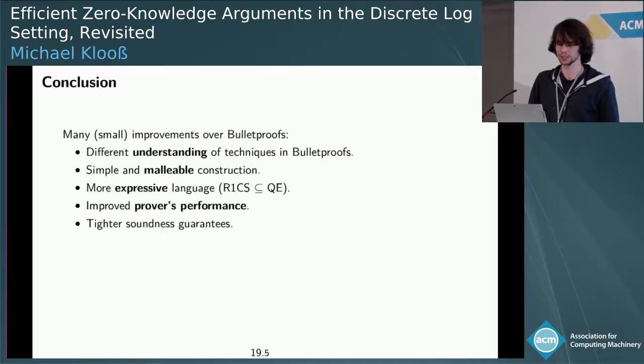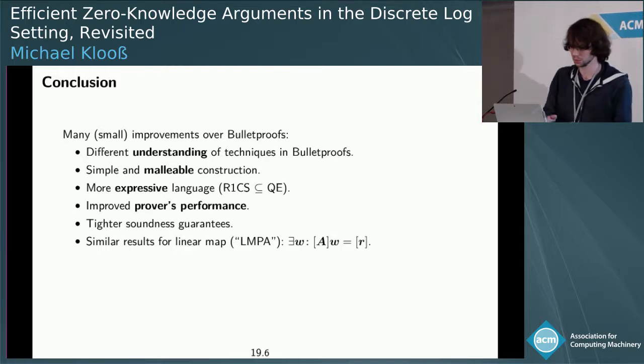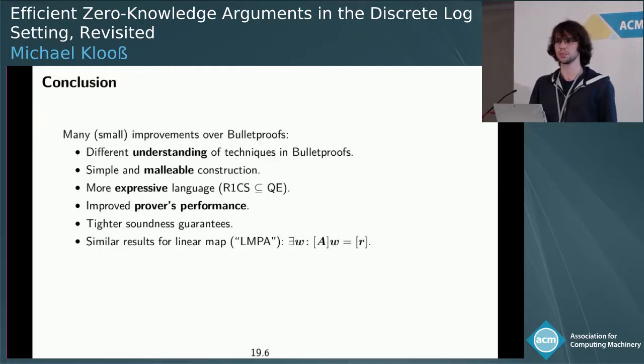Our prover's performance is somewhat improved. You can port this to some extent to bulletproofs. We have tighter soundness guarantees. We need similar results for linear map pre-image arguments, for those who know what I mean by this, because we need those for the shuffle proofs. And actually, those are the basis for the inner product argument. So what I present is the other way around.